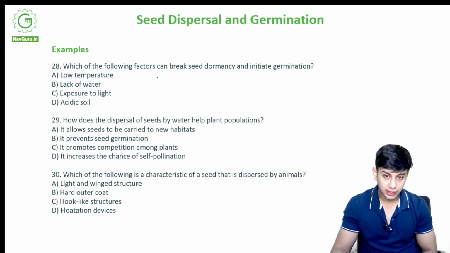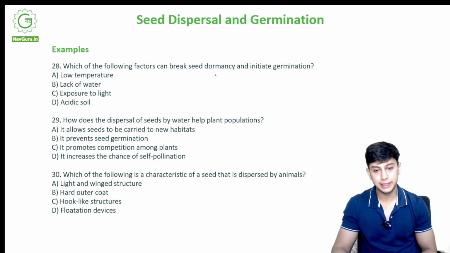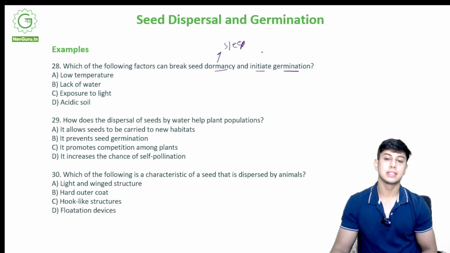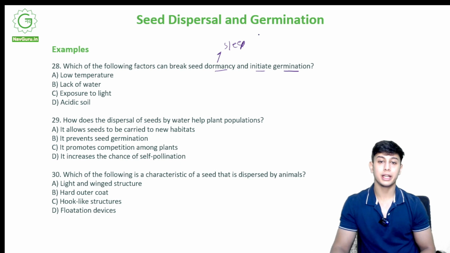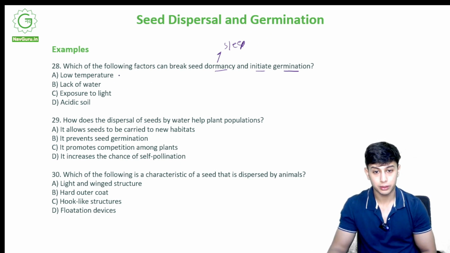Which of the following factors can break seed dormancy and initiate germination? Dormancy means sleep. So the seed was not growing, and I give it this condition and it will start growing. Okay. Low temperature, lack of water, exposure to light, or acidic soil.